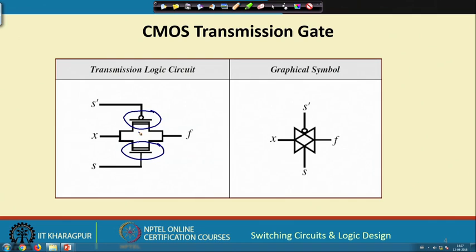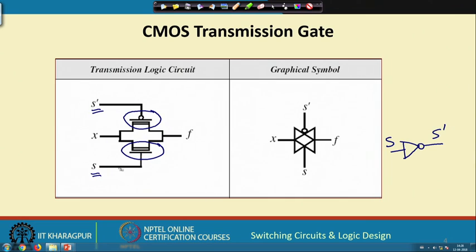and the gates of these transistors are selected together. Like I connect S here, I connect the NOT of S here. S bar is actually NOT of S. Suppose I have a NOT gate, if the input is S, the output will be S prime. So, if S equal to 0, then both these transistors will be off, so this switch is off.